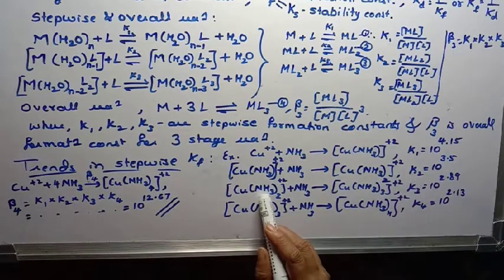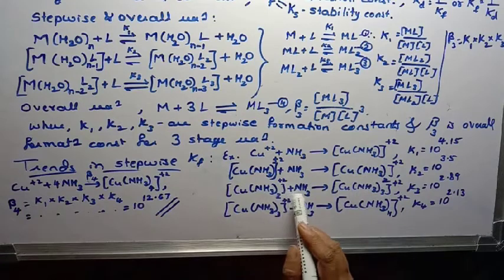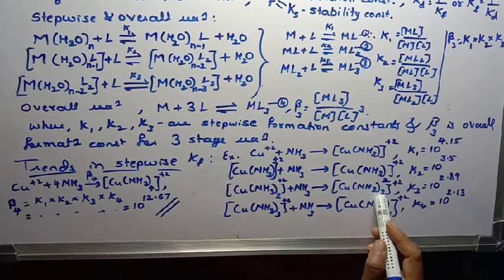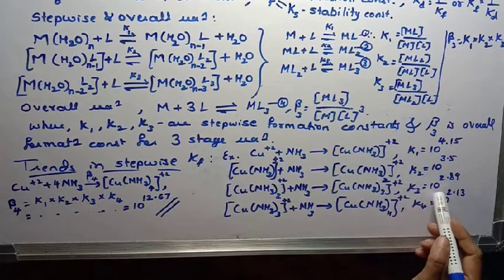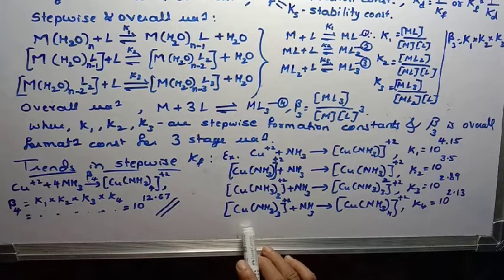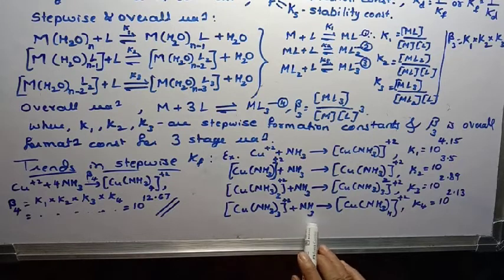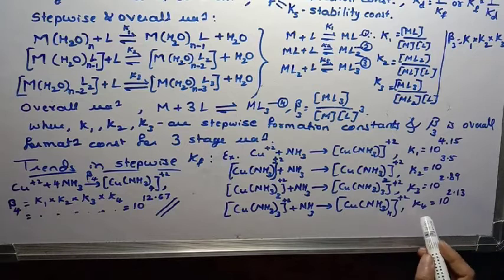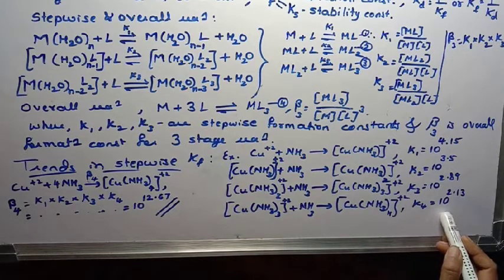In the third step, this formed one reacts with the third NH3 molecule, giving Cu(NH3)3 2+. K3 is found to be 10 raised to 2.89, and Cu(NH3)3, when it reacts with the fourth ligand, that means the fourth NH3 molecule, forms Cu(NH3)4 2+, and K4 is found to be 10 raised to 2.13.